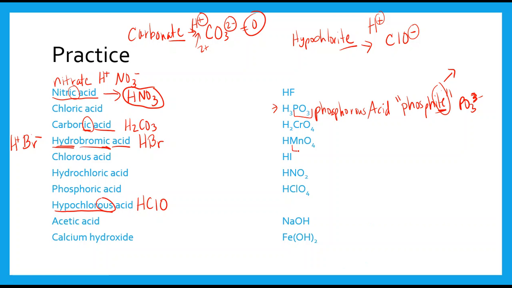Let's do another one like this one, MnO4. That's obviously a polyatomic. What's MnO4? What's its name? Anybody find it on the polyatomic chart yet? MnO4. Permanganate. Very good.